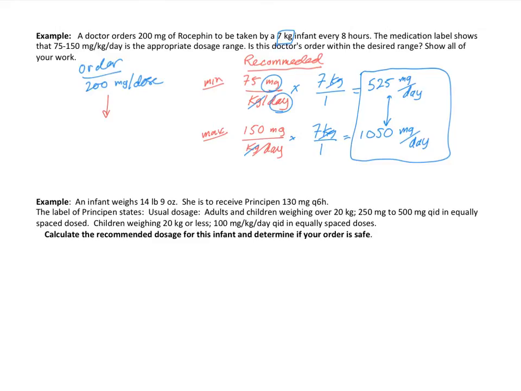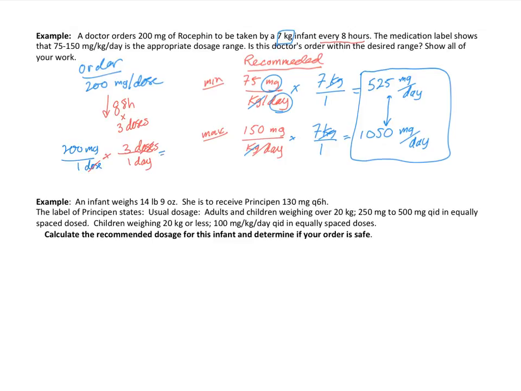According to the order, I need to give this every 8 hours. Every 8 hours means that there are 3 doses. So I need to change this 200 milligrams per dose. If I multiply by 3, because there are 3 doses in 1 day, then I will be converting the number of doses into this number of days.